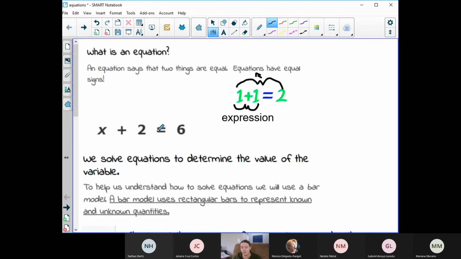So the big difference between an expression and an equation is the equal sign. Okay. We solve equations to determine the value of the variable. Okay, so remember the variable is the unknown and it's represented by a letter.